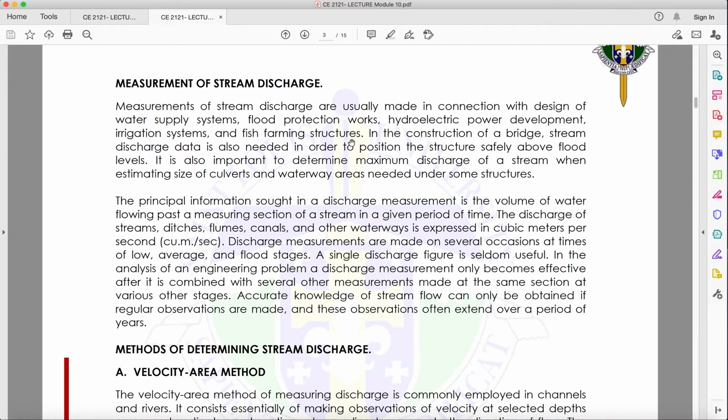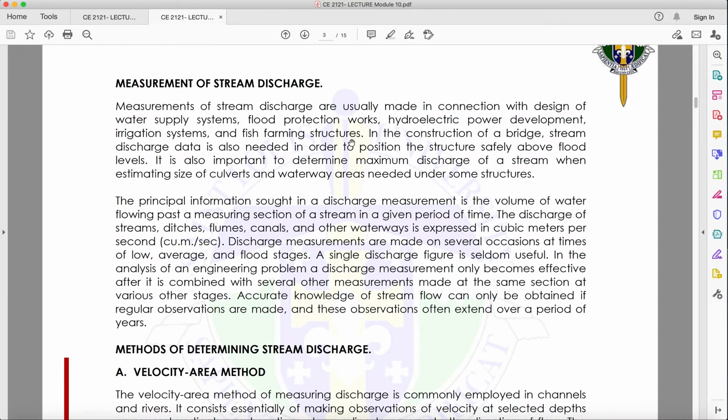So these are the factors that need to be considered in determining our stream discharge, because these are the essential things that are being produced or used for the water or by the water.